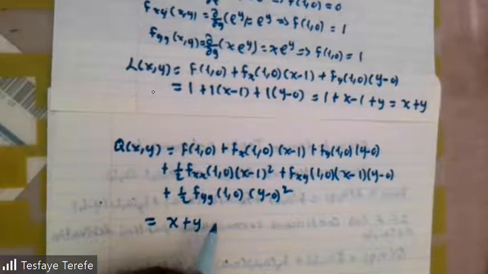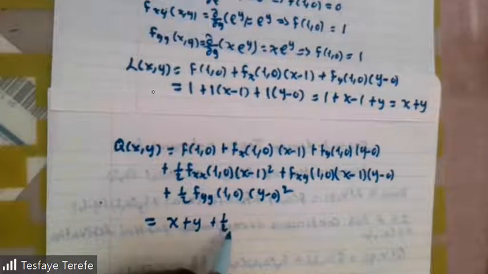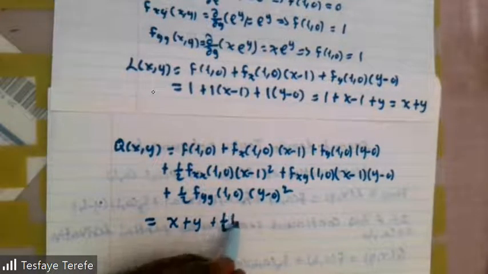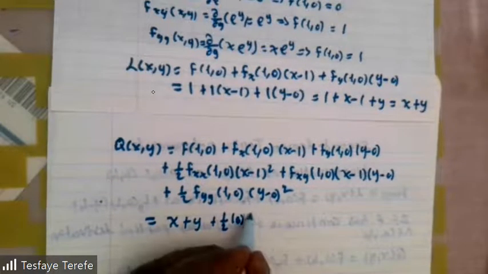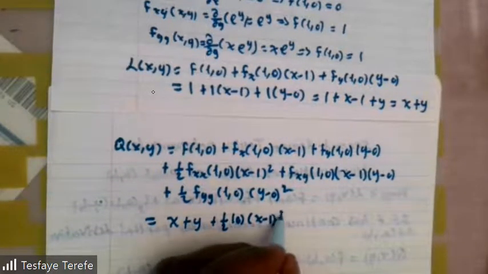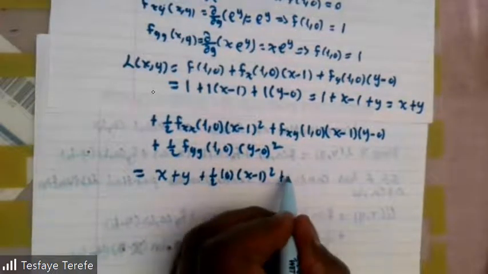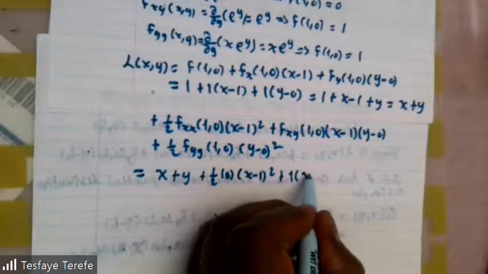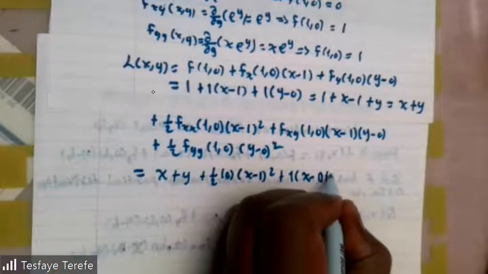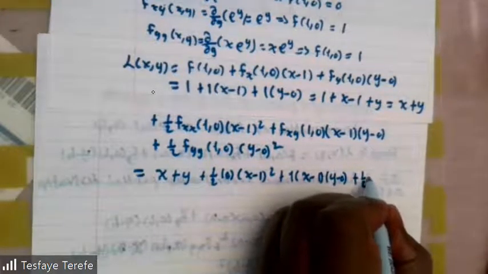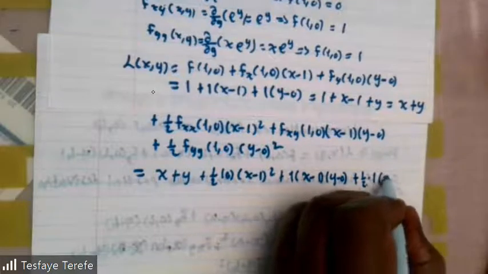And then now what I'm going to do is plus 1/2, and that partial derivative is 0, and (x minus 1) squared, plus 1 times the partial derivative (x minus 1), because we have here 1, and (y minus 0), plus 1/2 times 1 and (y minus 0) squared.